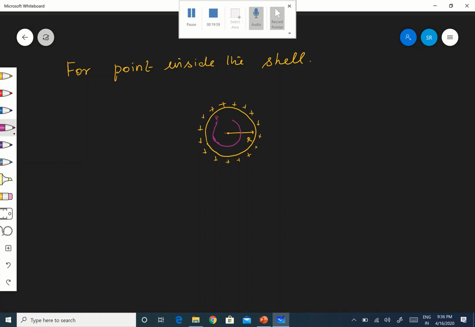Once again, this is the point, this is R. Now the sphere is slightly distorted anyhow, so kindly see, it is not a proper sphere now. Anyhow, I think this is okay. Slightly better.